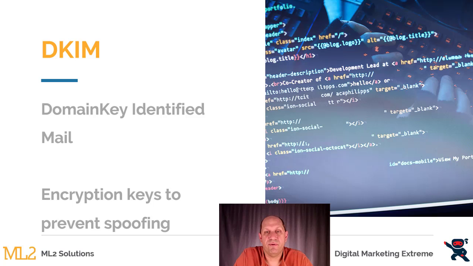Another thing that can help email deliverability is something called DKIM, which stands for DomainKeys Identified Mail. This is basically where an email message is signed with encryption so that you know the message when it's received is actually the message that was sent. Encryption keys, public and private keys, are a very complex thing.